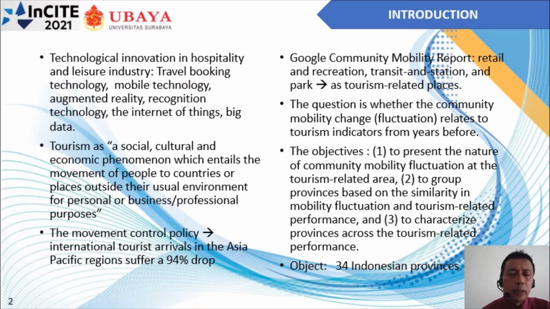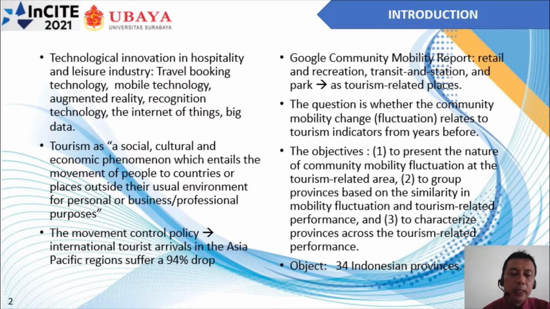The World Tourism Organization defines tourism as a social, cultural, and economic phenomenon when it entails the movement of people to countries or places outside their usual environment for personal or business and professional purposes. It emphasized that tourism and people's movement or mobility are intertwined. This research departs from this basic notion.